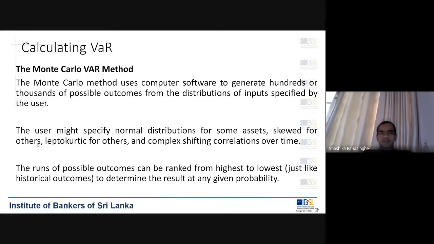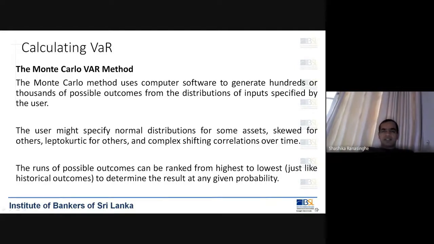The user might specify normal distribution for some assets, skewed for others, leptokurtosis for others, and complex shifting correlations over time. The runs of possible outcomes can be ranked from highest to lowest. Right? So again, you have to rank them like historical method.